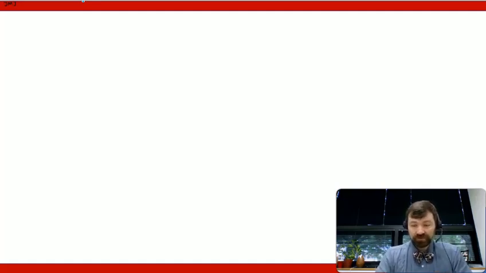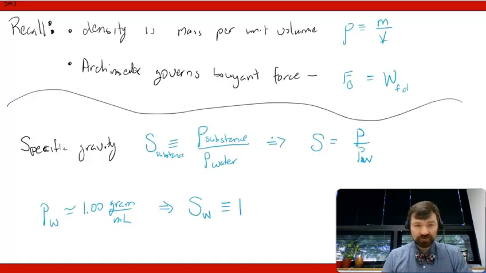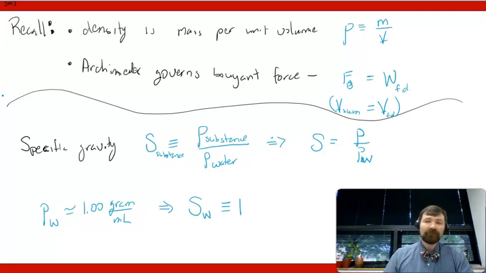Now there's another way of going about getting the specific gravity for an object. By the way, we're mostly again focusing on specific gravity, density, that kind of thing for solids and maybe occasionally liquids here. You can apply Archimedes' principle that the buoyant force is equal to the weight of the fluid displaced, and also that the volume submerged equals the volume of the fluid displaced.